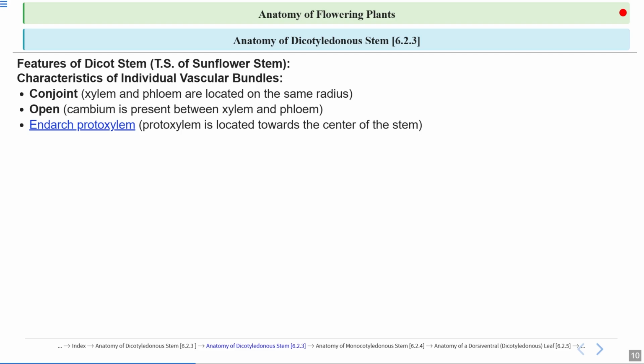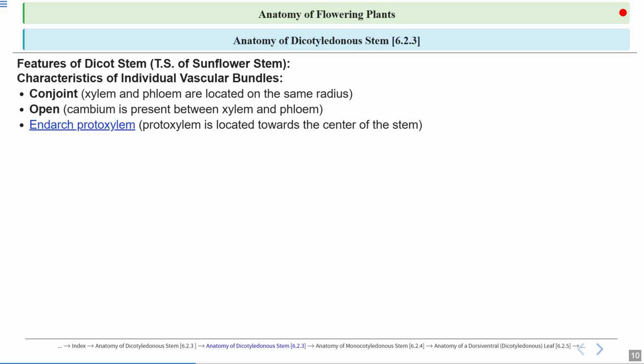So what is the difference between the protoxylem and metaxylem? They are both the primary xylem, but they differ in their development timing, right? Protoxylem is the first formed xylem. Remember, protoxylem is the first formed xylem, whereas the metaxylem is formed later on.